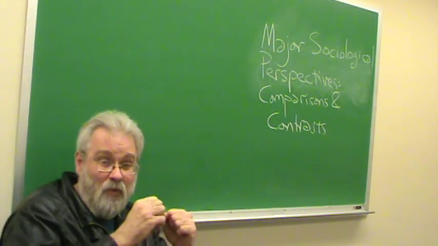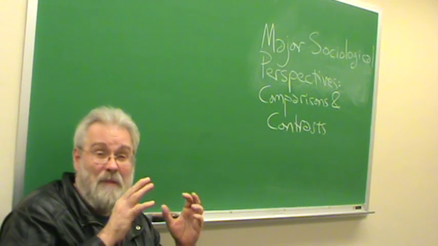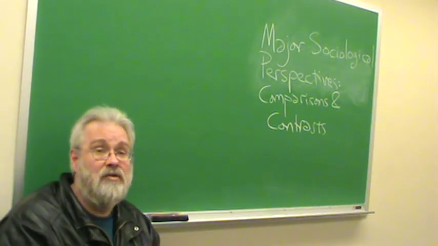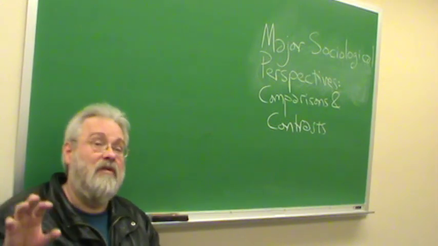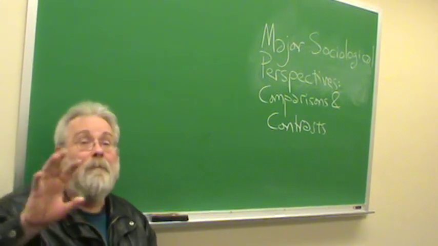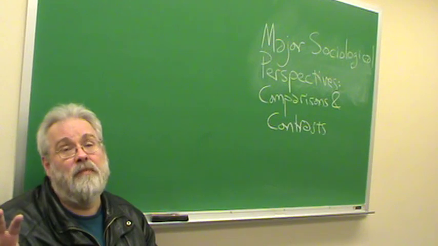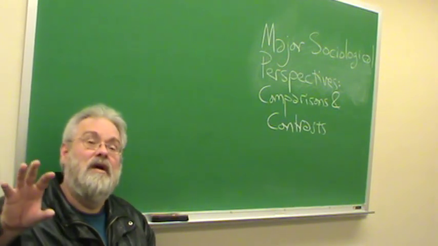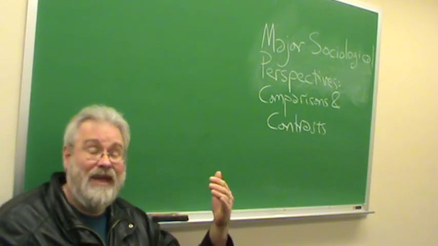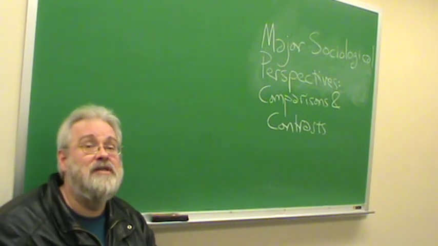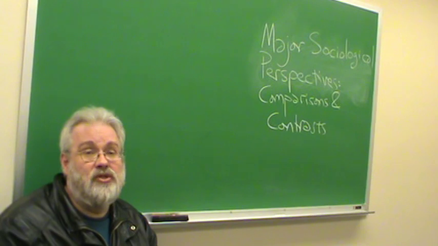Now, you're still going to have to figure out which one of those it is, but if it's a macro-sociological issue or question, it's probably going to be one of them. On the other hand, if you're looking at small group behavior, micro-sociological perspectives and issues, you're probably looking at interactionism. You can look at whether you're looking at macro or micro level questions, and that too will give you a strong clue.